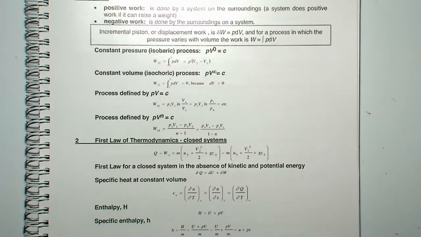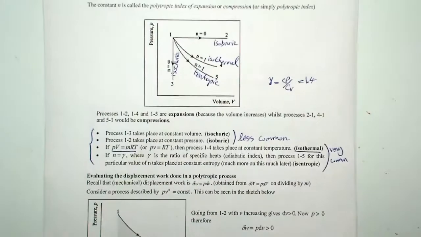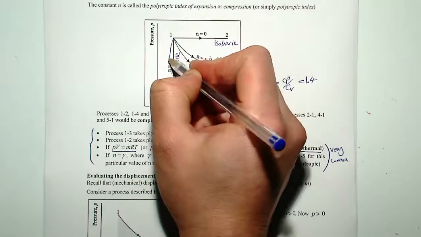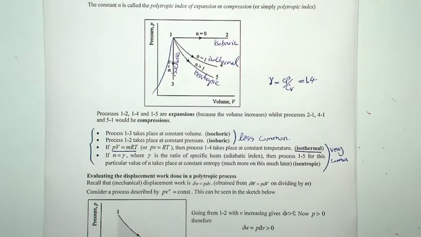Do you have a question? N is negative, yes. That's a very good question. N could be negative, and when n is negative, mathematically, the curve looks something like this, for example. We're not going to cover that because under the second law of thermodynamics, processes in which n is less than 0 are not really practical.